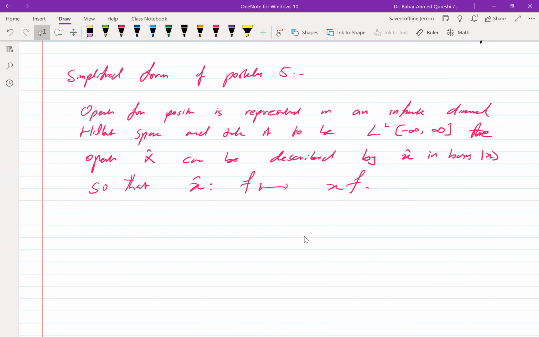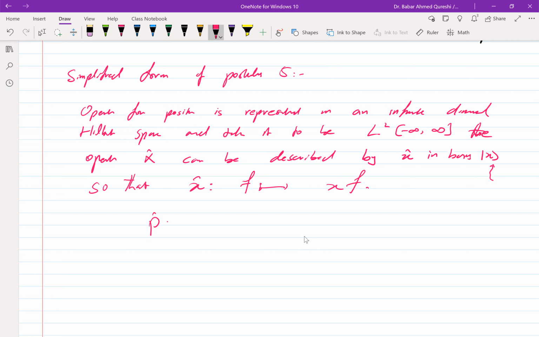So this position basis we were taking, and we were saying that there's a corresponding operator x hat, of which these position basis vectors are eigenvectors. That operator is the position operator.